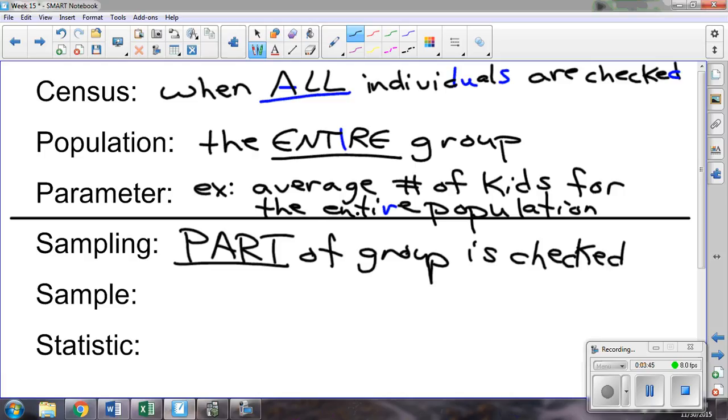So maybe you check 10%, maybe 20, maybe 30, but it's not the full population, it's not 100%. That portion that gets checked is called the sample.